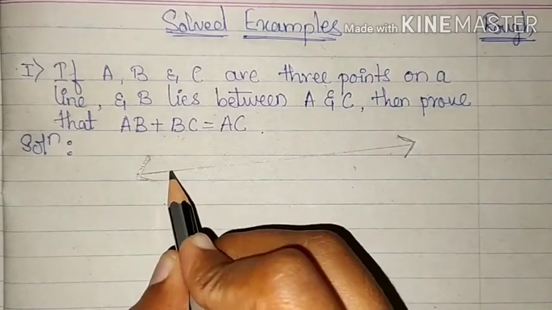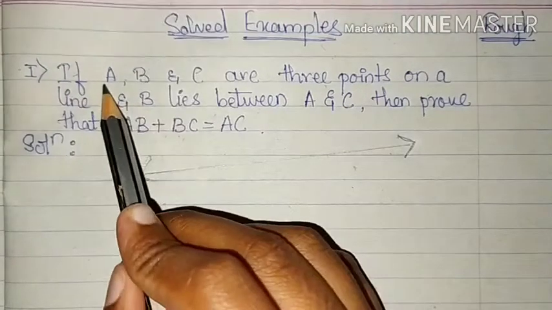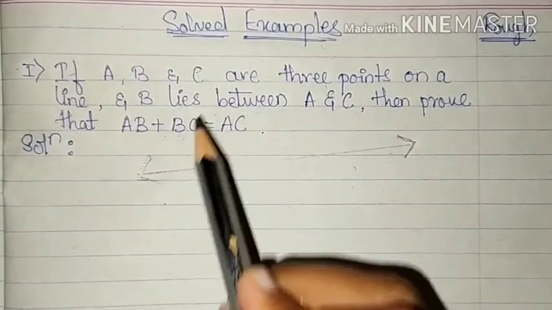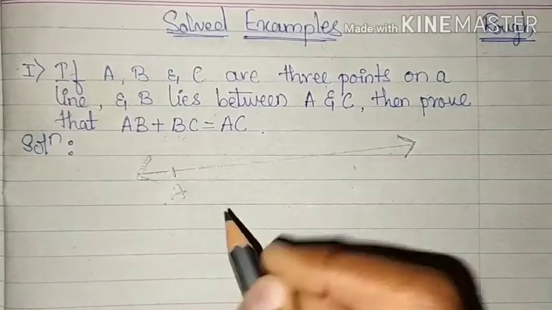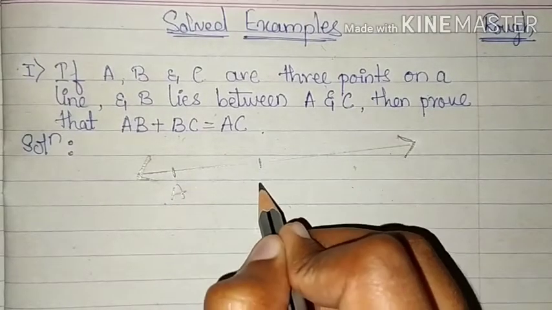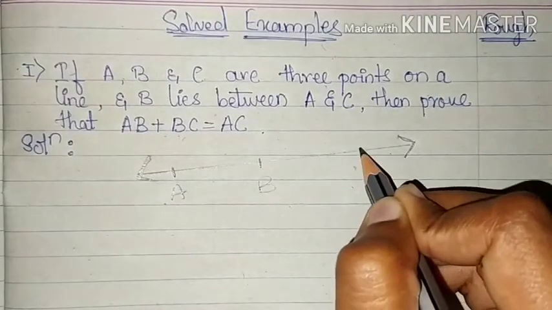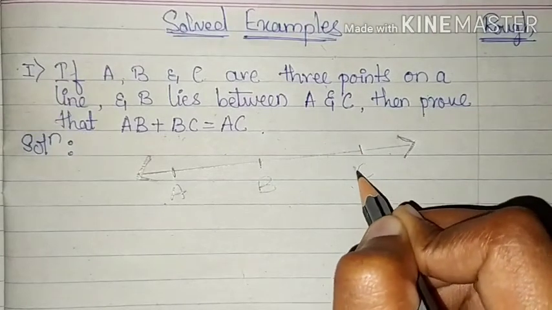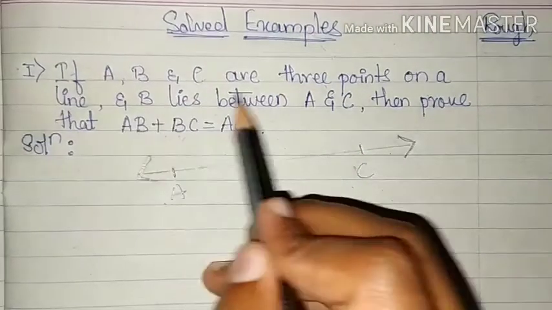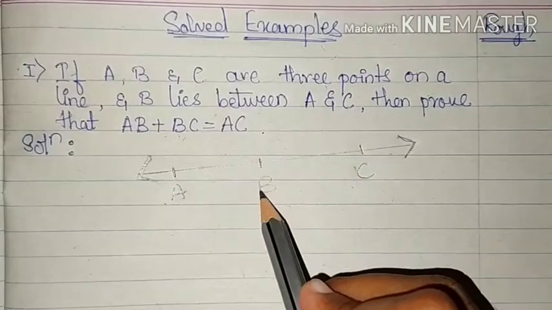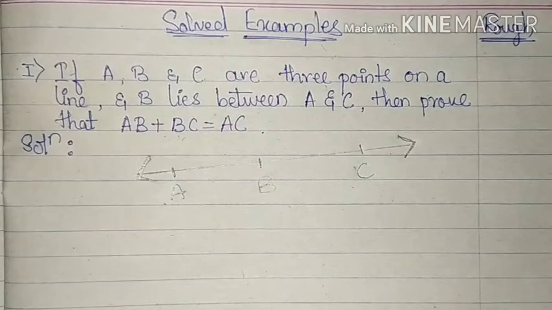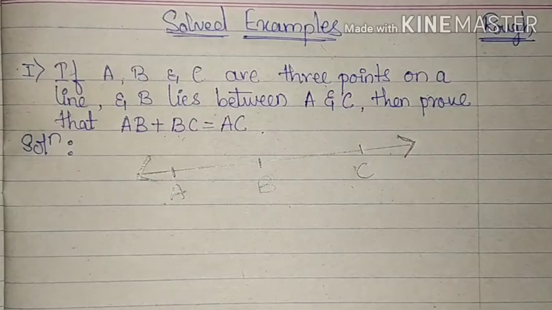So now what is the question? They have told us that A, B and C are 3 points lying on the line. So this is the point A, this is my point B and this is my point C. So here B lies between A and C. Moving ahead, first let us write given.